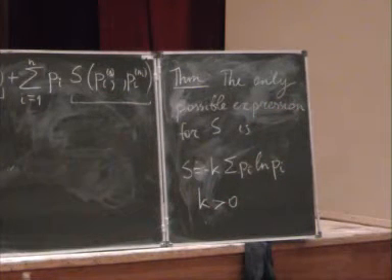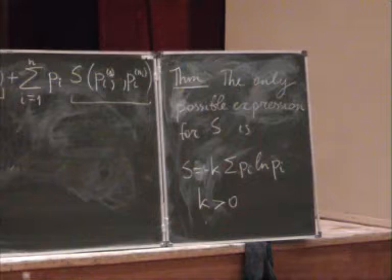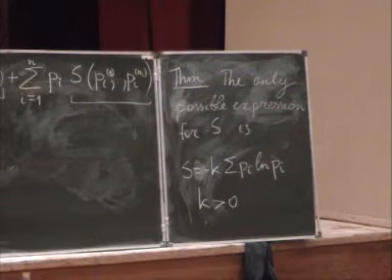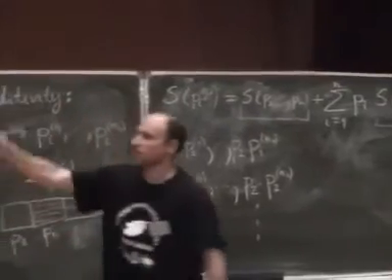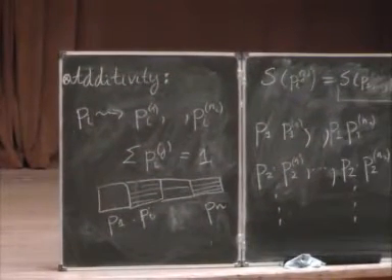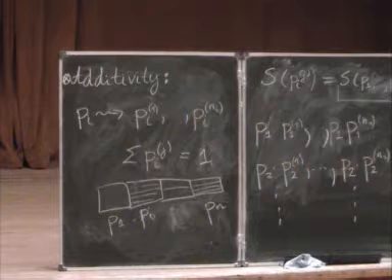So that's the only expression for the lack of information that satisfies these 6 properties. These 5 completely trivial properties, and the additivity property that is not so trivial but rather natural too.